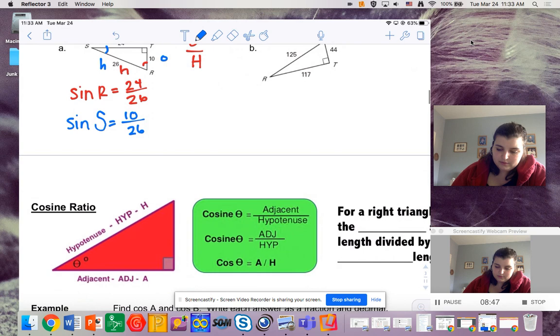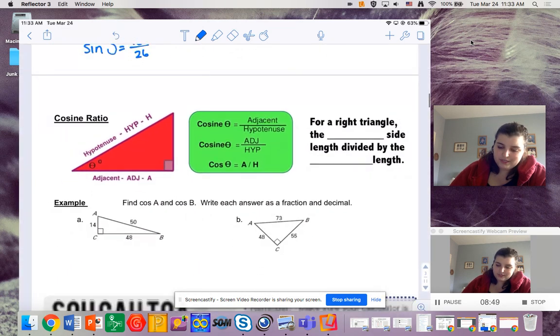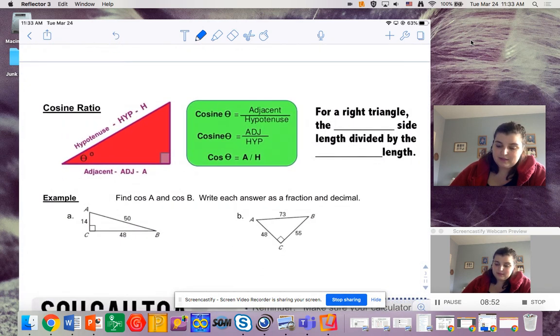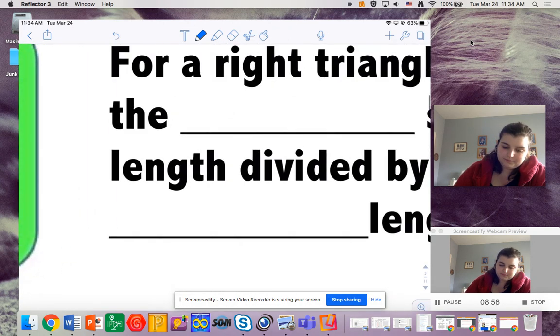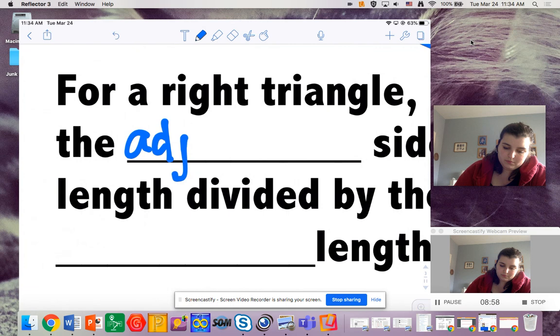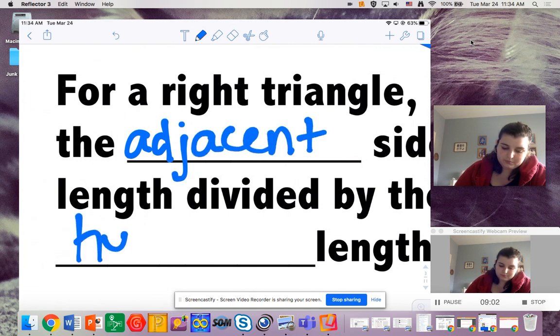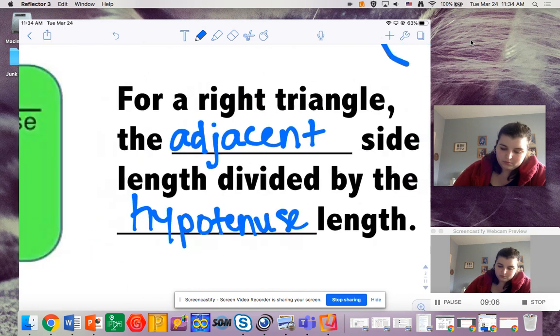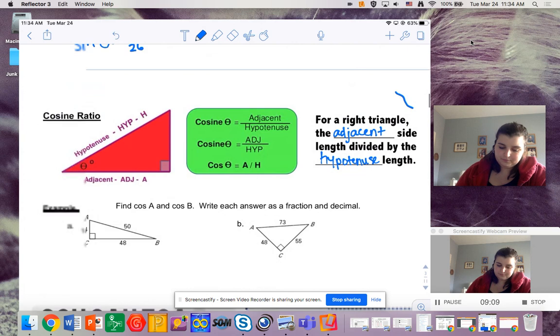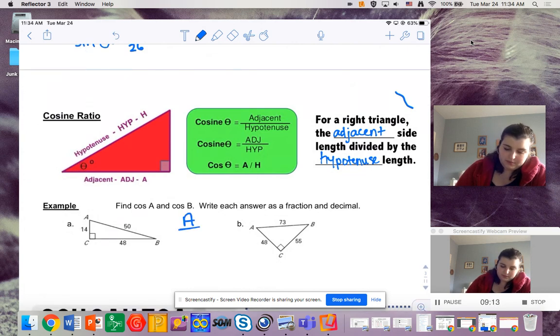Cosine. For a right triangle, the adjacent side length divided by the hypotenuse length. So I'm just going to fill that in quick. Same thing, so I'm going to put a little key here so I remember what I'm doing.